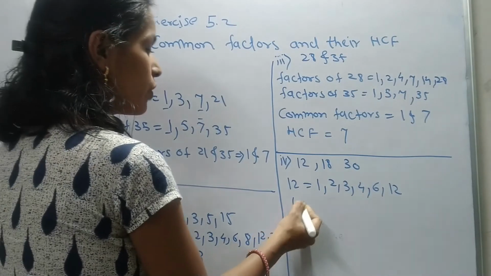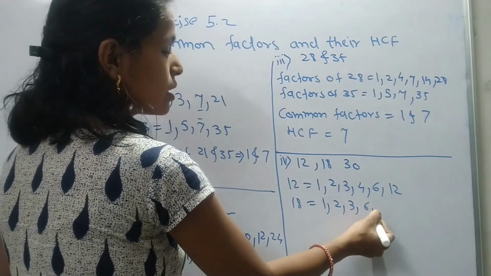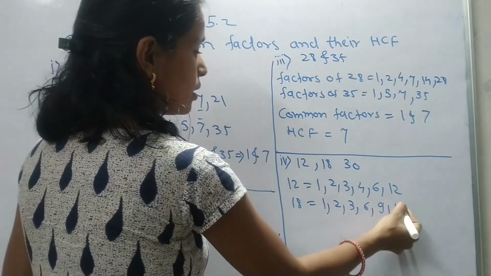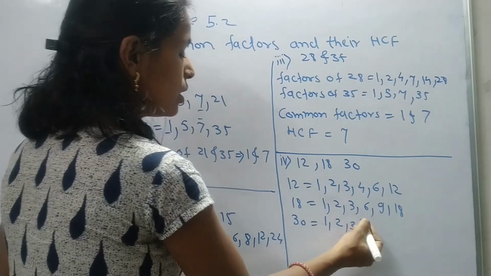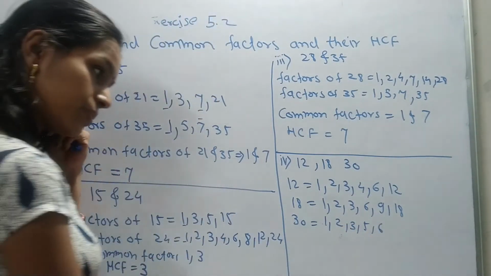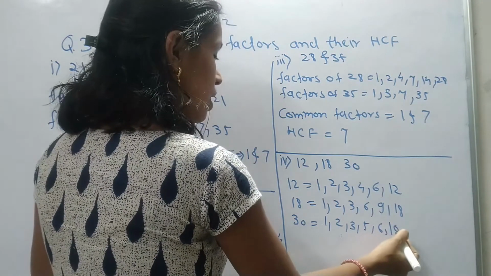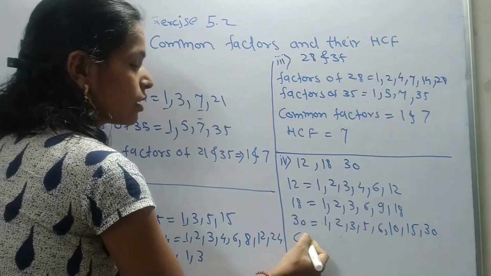Let's write the factors of 18. 18 has factors 1, 2, 3, 6, 9, and 18. And the factors of 30 are 1, 2, 3, 5, 6, 10, 15, and 30.